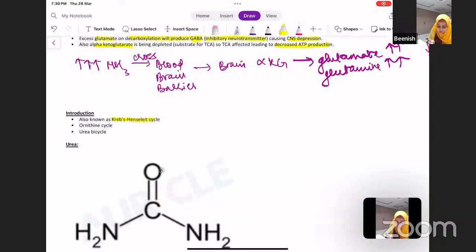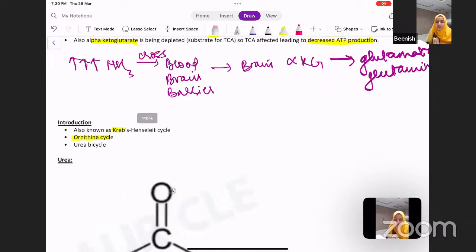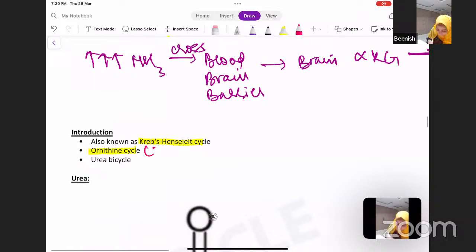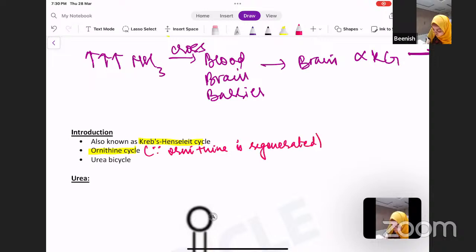It is also known by the name of ornithine cycle. Why is it known as ornithine cycle? Because we'll see that ornithine is regenerated.